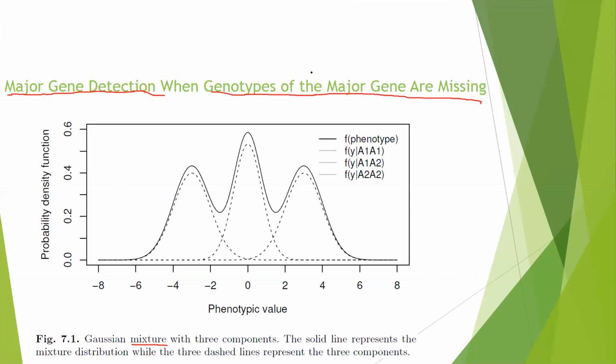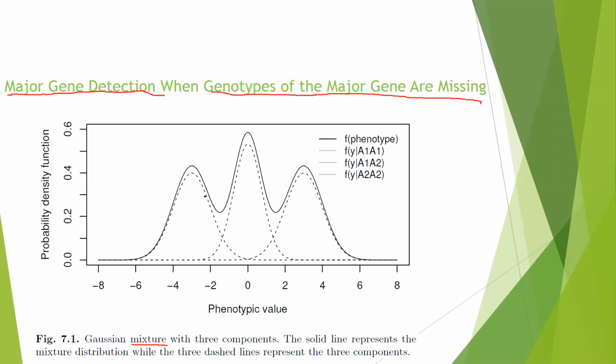Major gene means this trait is not a complex trait, but probably a simple trait that is only associated with one locus. However, if the genotype of this major locus is missing, how can we do that?